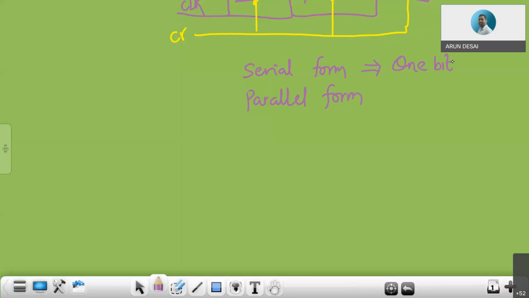And parallel form means all bits are stored simultaneously, or get out from the register simultaneously. In serial form, one bit at a time you can store or retrieve from the register, and in parallel form all bits are simultaneously stored inside the register or simultaneously get out from the register.